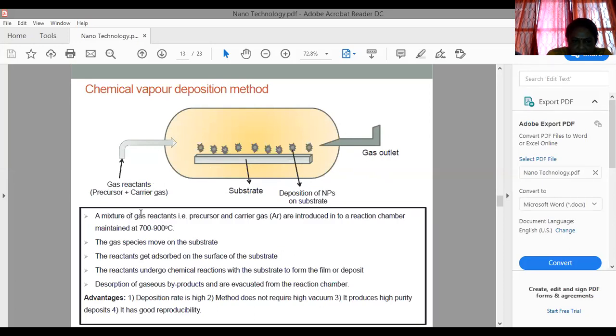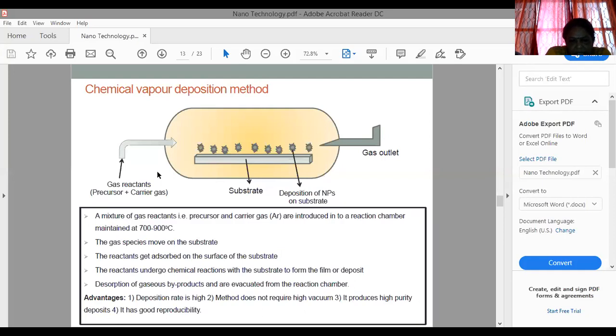Both are gaseous reactants, and one carrier gas like helium inside the chamber. Now the precursor depends on which kind of nanoparticle you want to prepare.